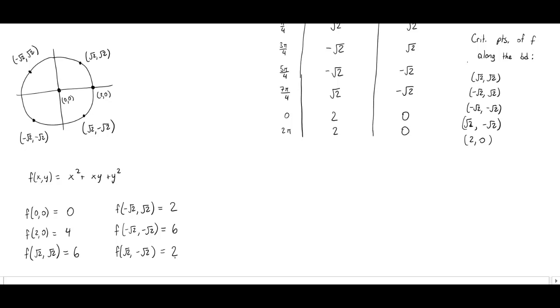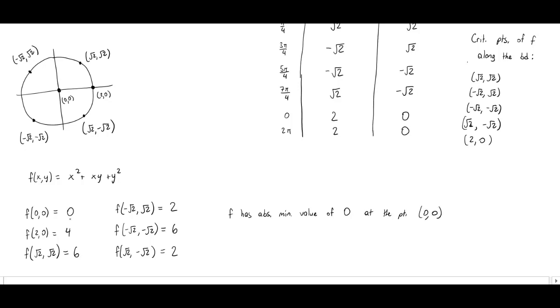Alright, so from all these values, we see that 0 was the smallest value, and 6 was the largest value. So therefore, we can say that f has an absolute minimum value of 0 at the point 0, 0, okay?